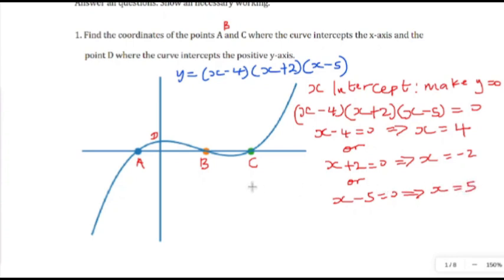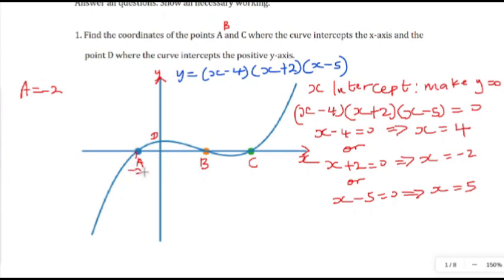So merely looking at this curve, we can actually make out where these points will be on the x-axis. We know this is the y-axis, and here we have the x-axis. Let's look at the negative 2. So A is equal to minus 2. Here is minus 2.